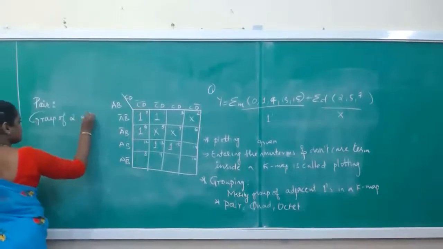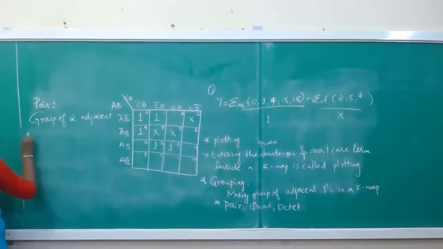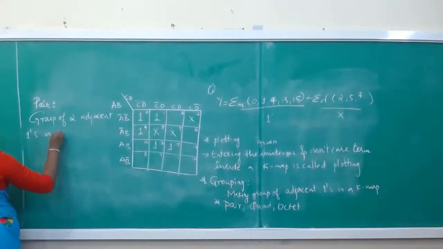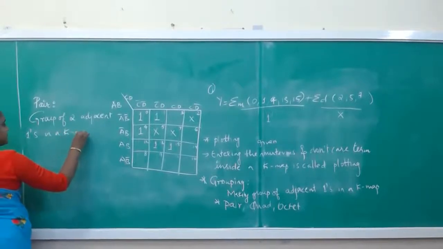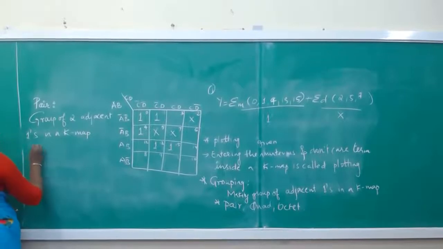Group of two adjacent ones in a K-map is called a pair.